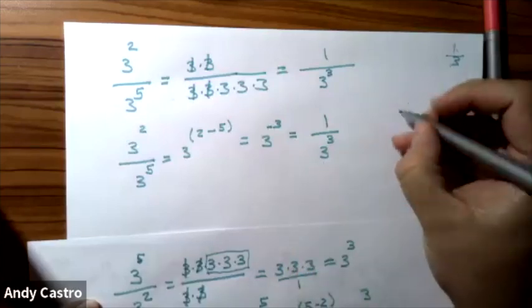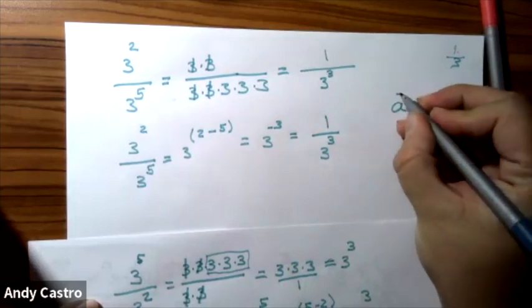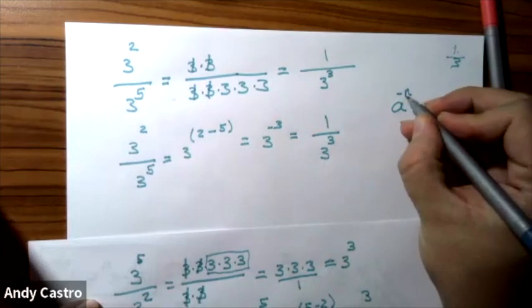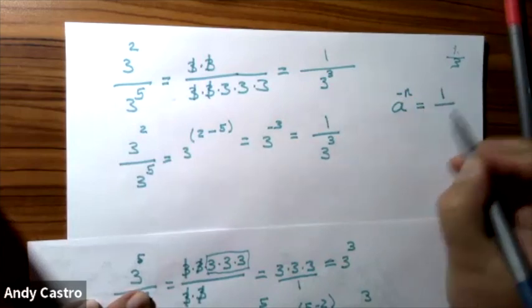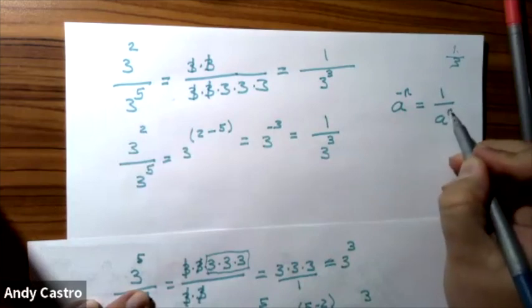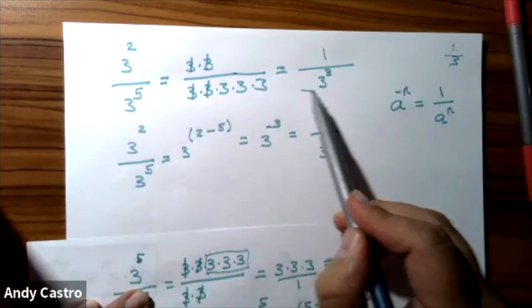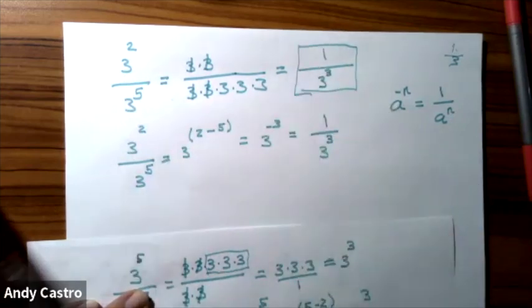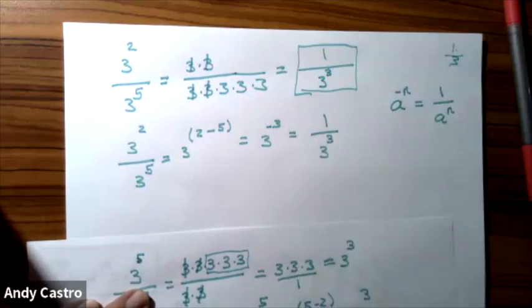And that brings us to our fourth rule, which is a to the negative n is equal to 1 over a to the positive n. And how do we know that? Because when we worked it out here, that's what we were left with. So that negative exponent will mean it's down there.